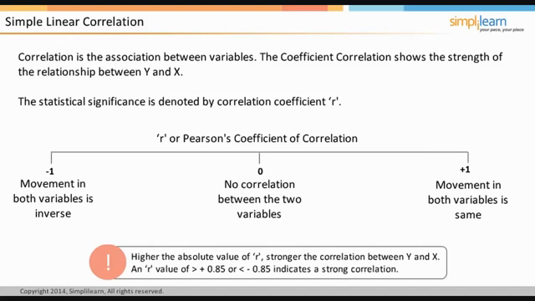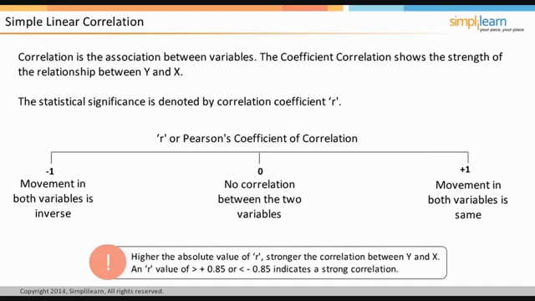An r value of greater than +0.85 or lesser than -0.85 indicates a strong correlation. Hence, r value of -0.95 shows a stronger correlation than the r value of -0.74. The next screen will elaborate on correlation with the help of an example and illustrations through scatter plots.